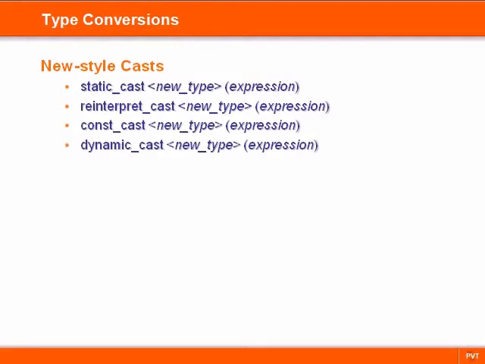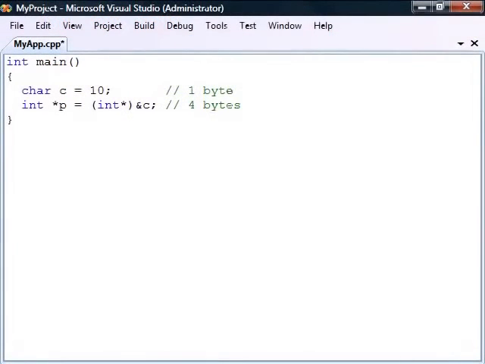The first new style cast we'll look at is the static cast. This one simply performs conversions between compatible types. It is similar but more restrictive than the C-style cast. For example, the C-style cast would allow an integer pointer to point to a char.